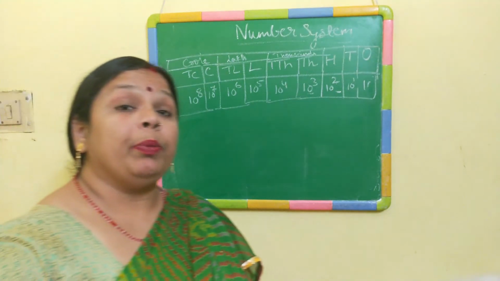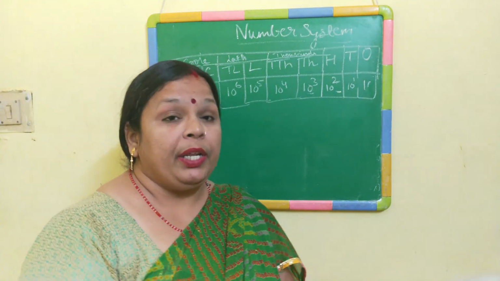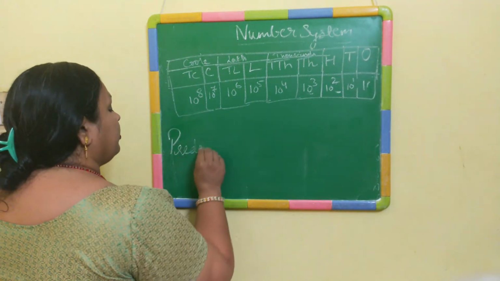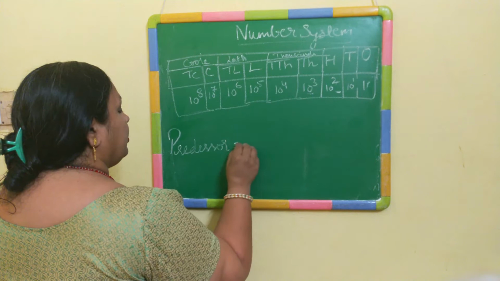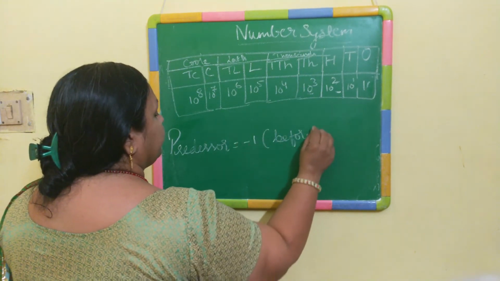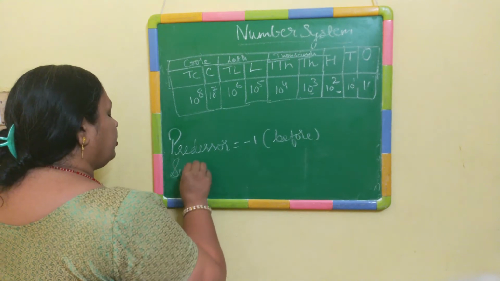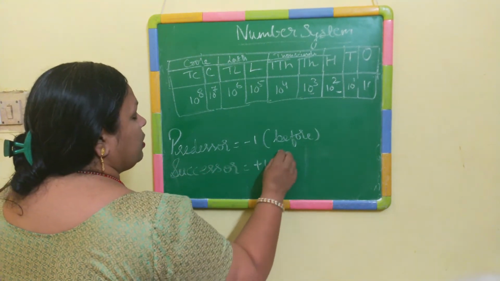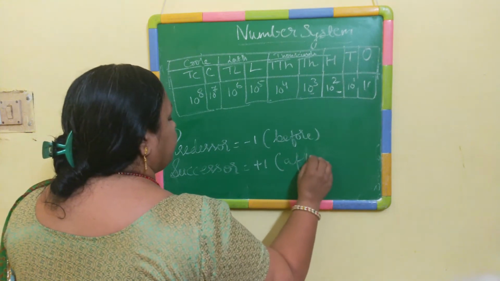Now when we write predecessor and successor, predecessor is nothing but -1, or also called before number, and successor is nothing but +1, or after number.